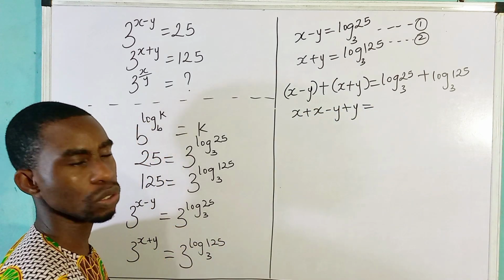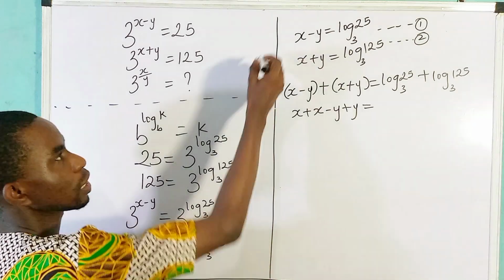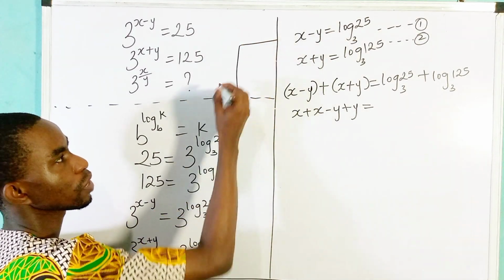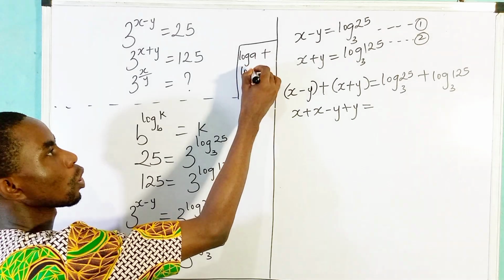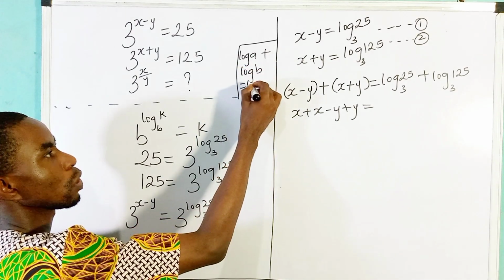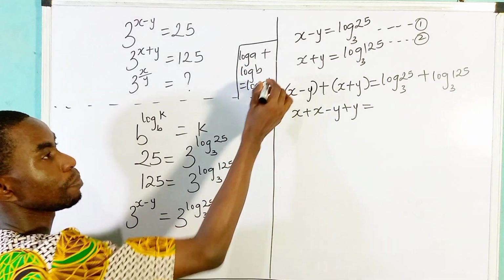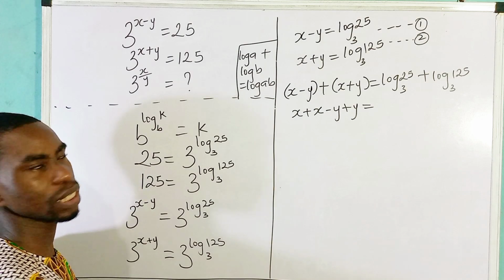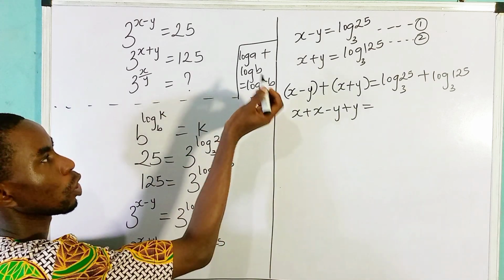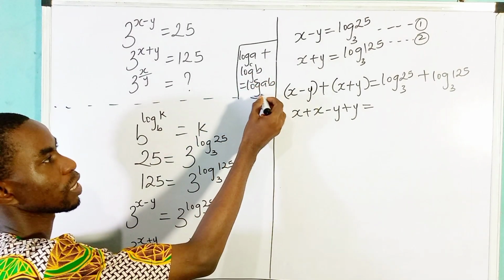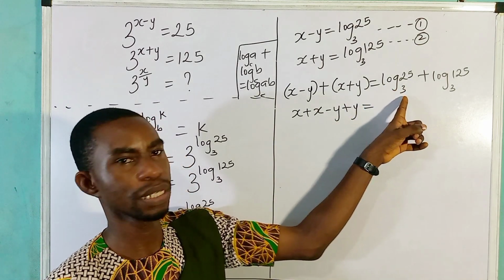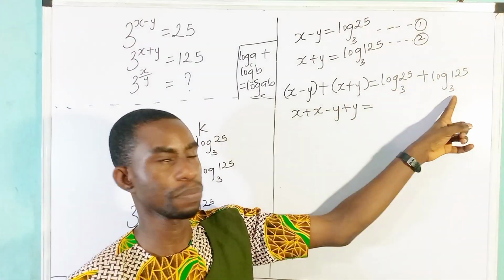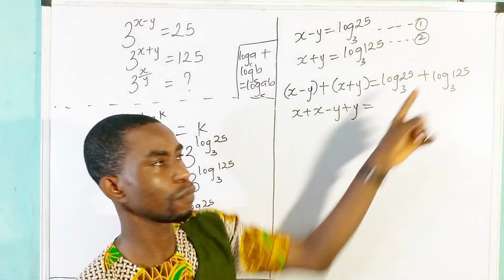now for the laws of logarithm, this is a side note: log a plus log b is the same thing as log a times b, which is log ab. The only condition is that they must have the same log base, let's say c for both of them. Do you understand? So this log term has the base 3, same thing here with the base 3, and we are adding both of them.